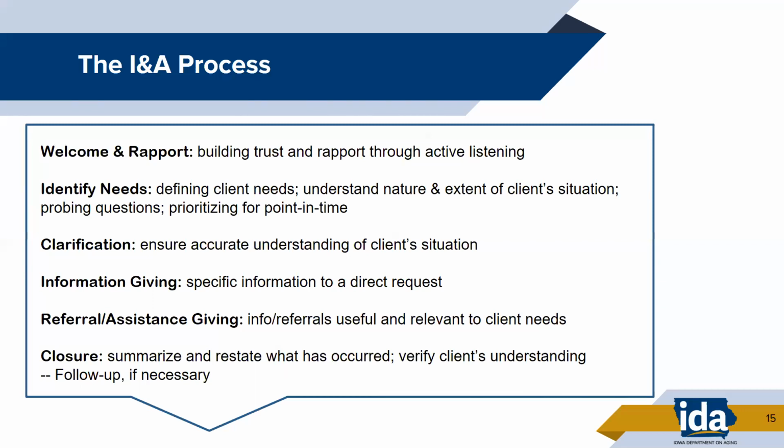Information giving is providing that consumer the name, the location, the phone number of their direct request. Maybe that's a local food pantry. Referral and assistance giving kind of goes beyond the information giving from above. This could be help with applications, education about programs, program enrollment, or individual advocacy.